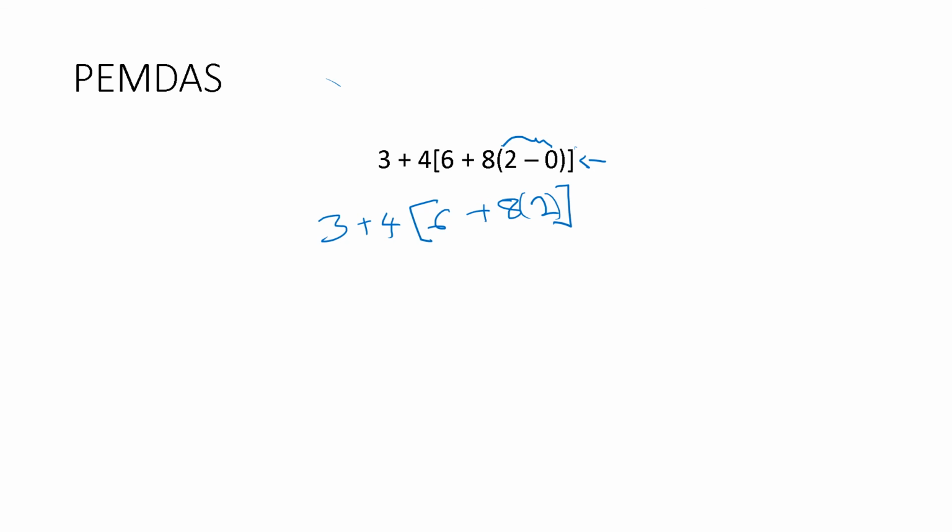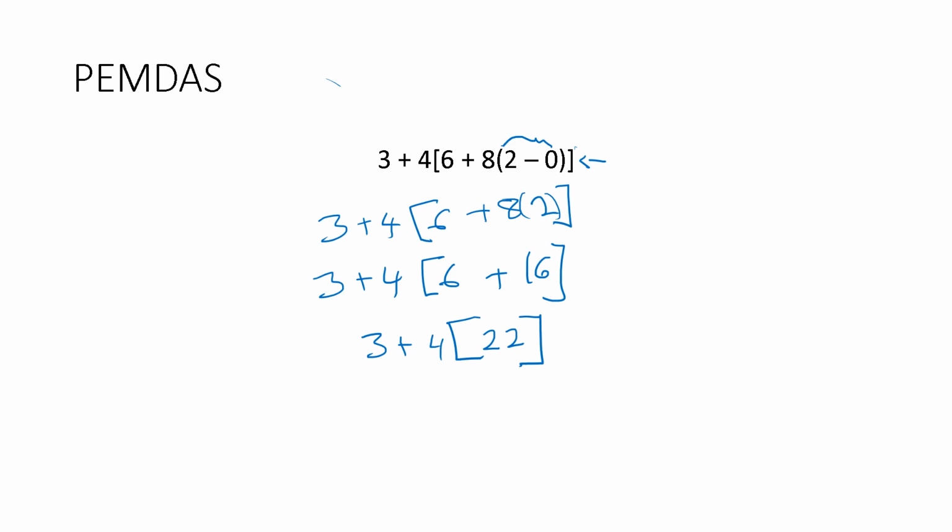So 8 times 2, which is 16, plus 6, 4, plus 3. Okay, finish our bracket. We have an addition problem in there. 16 plus 6 will give us 22. And we'll write that inside the bracket, because this bracket next to the 4 indicates that we're going to multiply, as if we had a parentheses there instead.